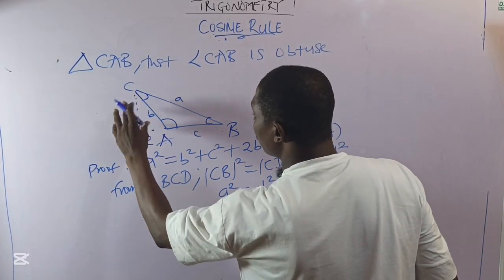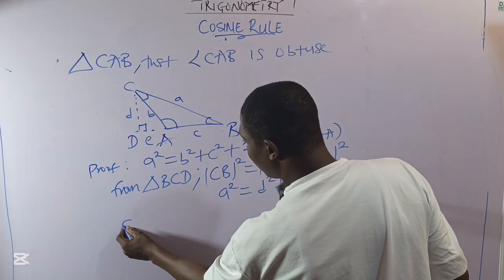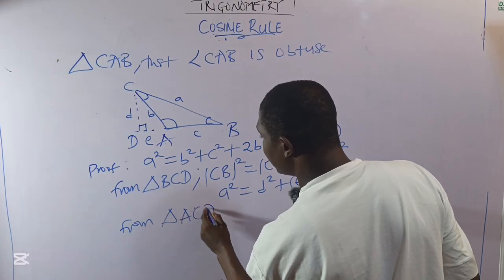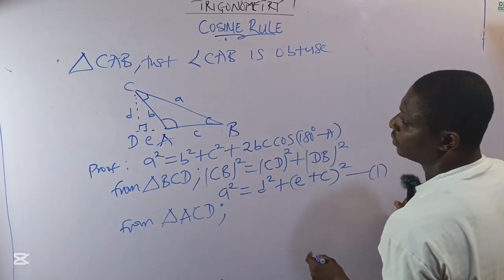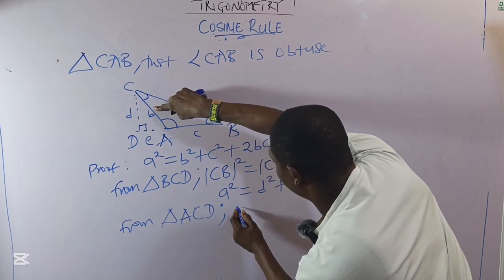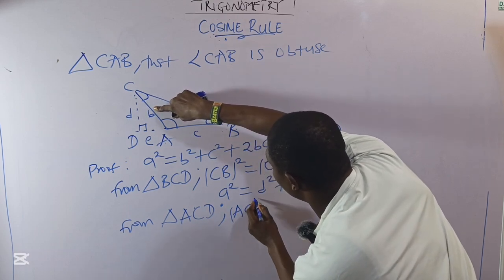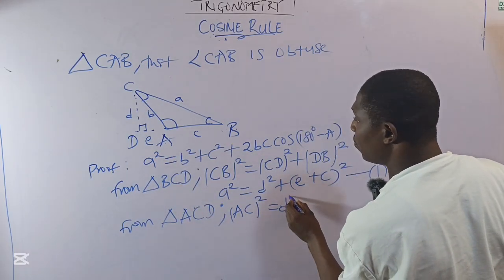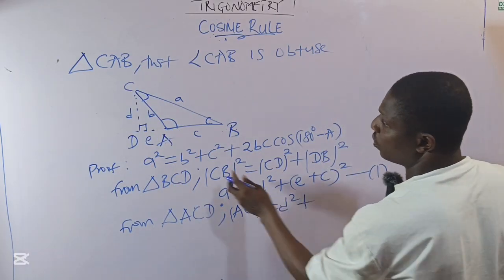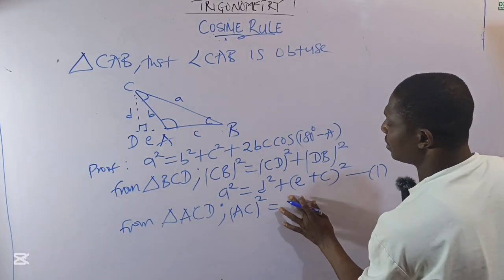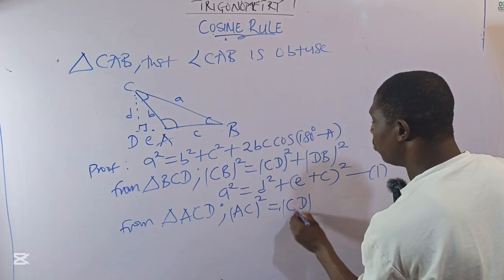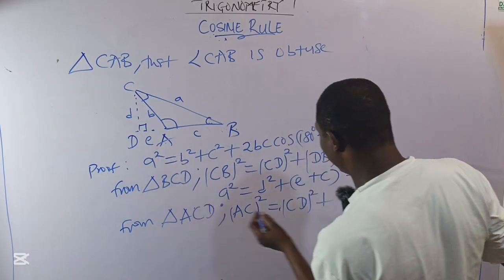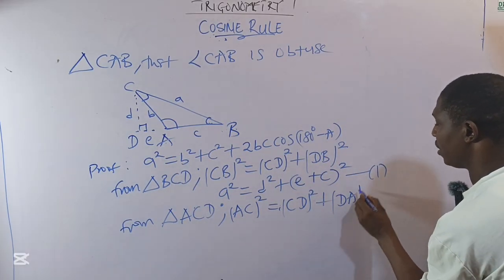And if I focus on the second right angle triangle, triangle ACD, I will have AC square, which is the hypotenuse side, equals the opposite side, CD, close bracket square, plus the adjacent side, DA, close bracket square.